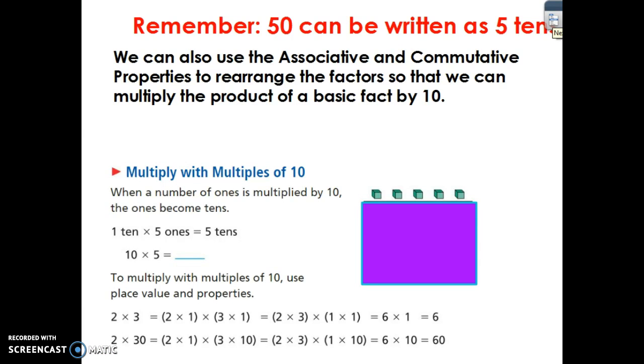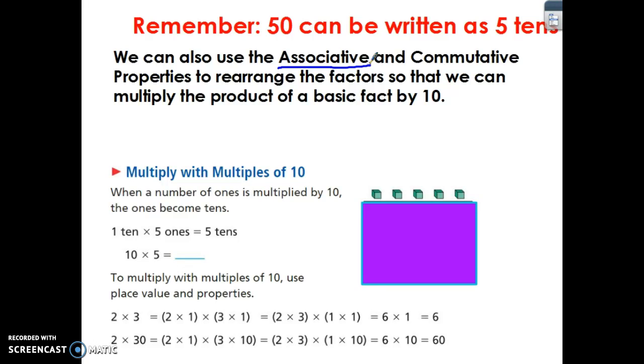Remember, 50 can be written as 5 tens. We can also use the associative and commutative properties to rearrange the factors so that we can multiply the product of a basic fact by 10. The associative property, if you remember, is when we change what numbers hang out with which numbers. So the numbers in the parentheses can change.